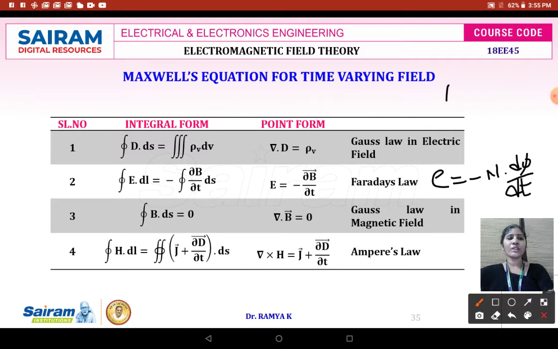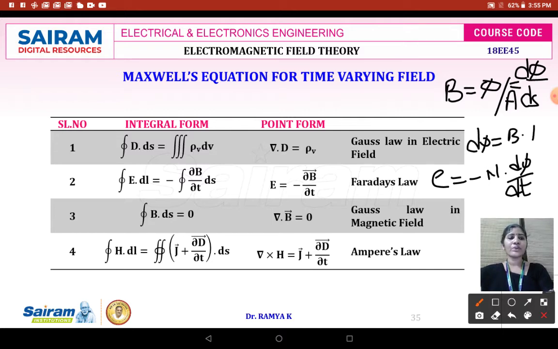We know that the magnetic flux density B is equal to phi divided by area. If you assume a differential surface area, the flux is also differential. From this, d phi is equal to B into dS, and in the place of dS, you can use B dot dS.